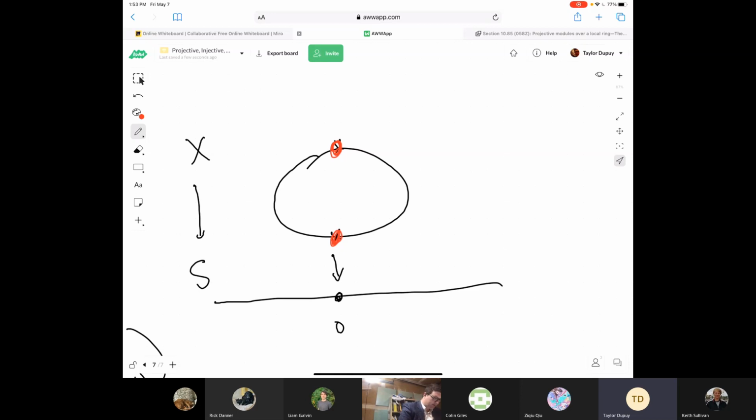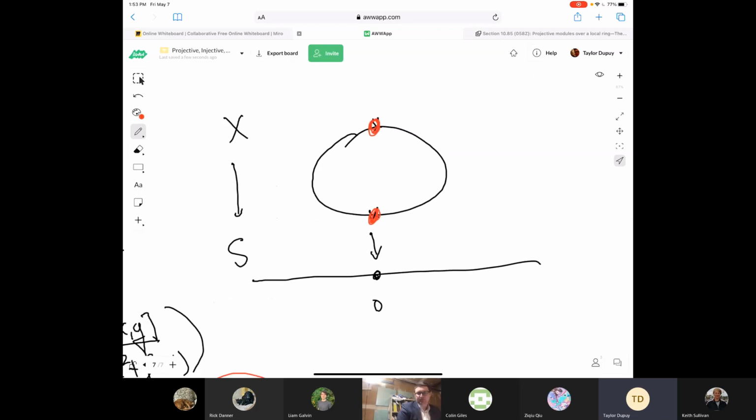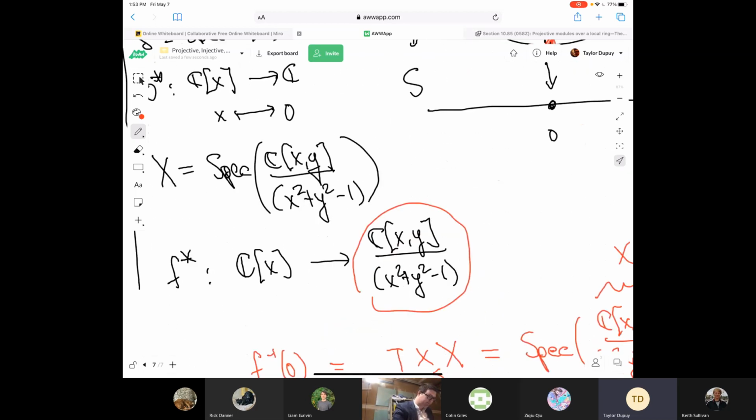So what we did is we took this drawing here, and I showed you that if I use this inverse image definition using the tensor product, it performs like we want. It gives you the fiber. And that's kind of cool.